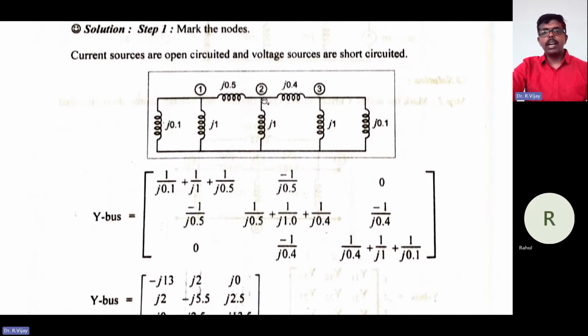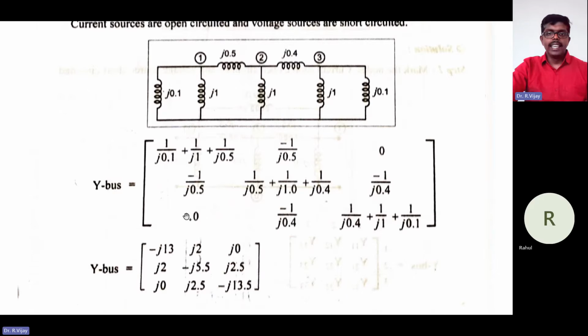That's all. So y22, how many elements are connected? 1, 2, and 3. So 3 elements are connected. You just need to add 1 divided by j into 0.5, 1 divided by j into 1, and 1 divided by j into 0.4. Next, y23. Only one element is connected: minus 1 divided by j into 0.4.